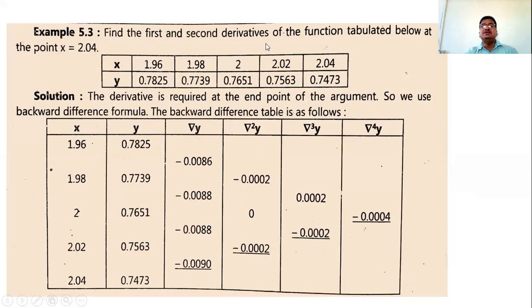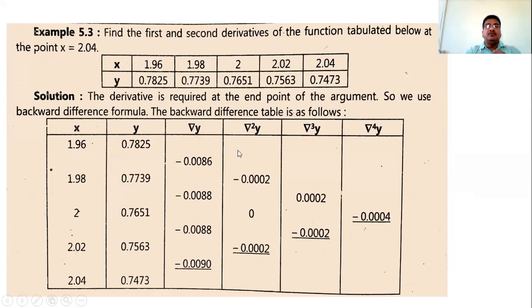Find the first and second derivative of the function tabulated below at the point x equal to 2.04. So 2.04 is given in the table. This is the value of the argument x, but it is at the end of the table, or it is the last value of x.